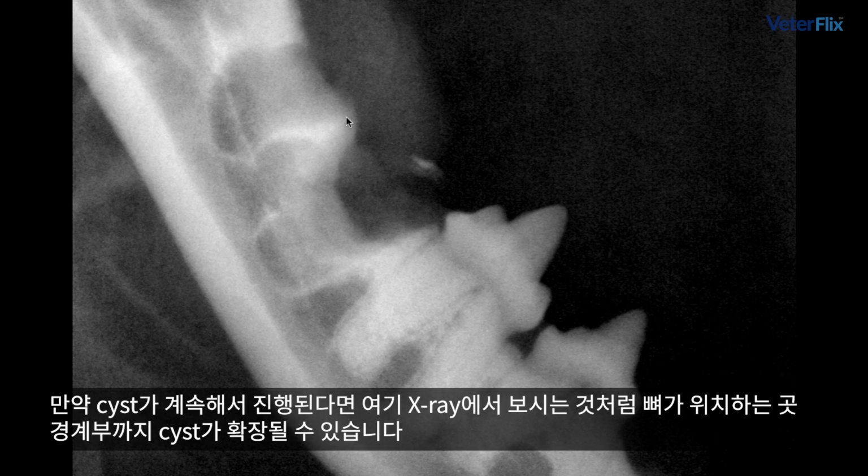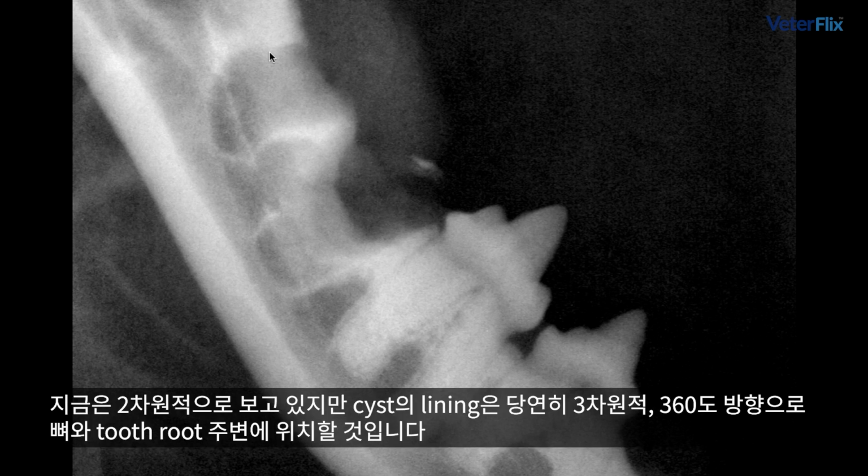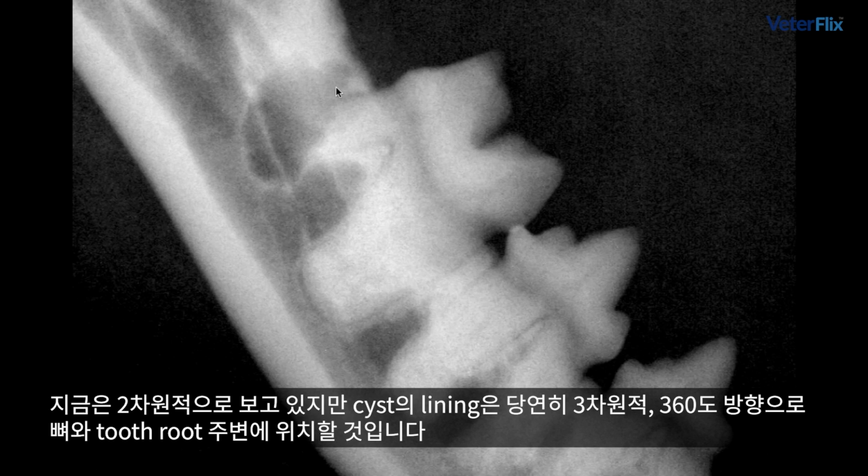As these things progress, they'll expand into the periphery of where the bone is as you see it radiographically. So in this cyst, the lining would be, of course, three-dimensional, but looking at it from a two-dimensional standpoint, it would line that entire peripheral extent of the bone and the tooth root here, 360 degrees in a three-dimensional orientation.